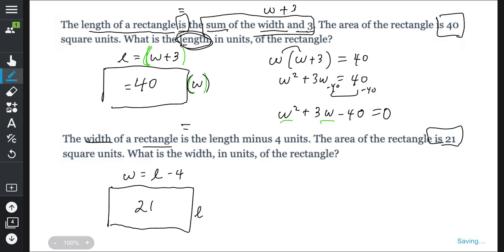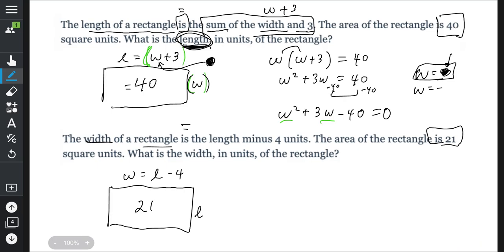What is the length of the rectangle? Okay, so after you solve for W equals something, only one of them is going to work. Usually the other one is a negative number. Whatever that number is, this is not your answer in this case. You're going to take that number and plug it into here and then answer the question, what's the length?